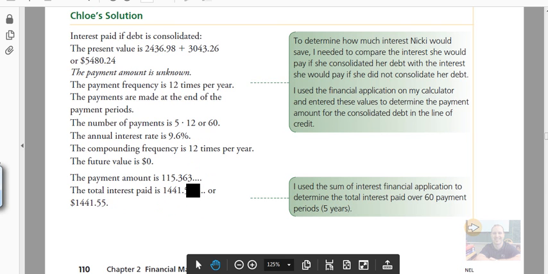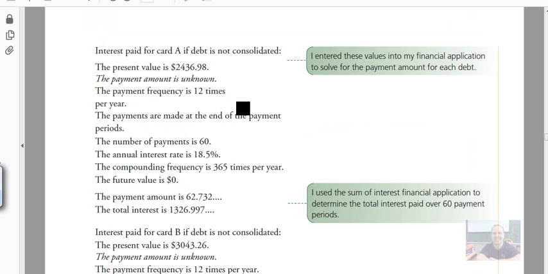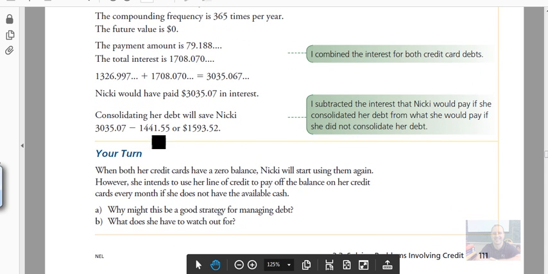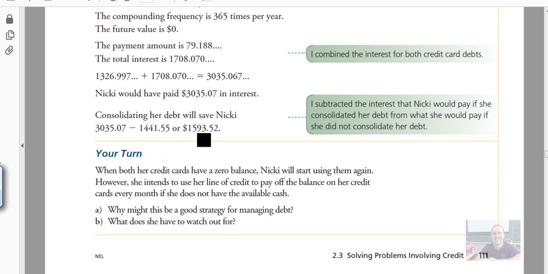They're comparing the interest. So this is using her line of credit. She saves $1,593.52. So again, just as you work through that with your calculator, make sure you get this as a final answer, and then that'll help you to know whether you're doing this right.